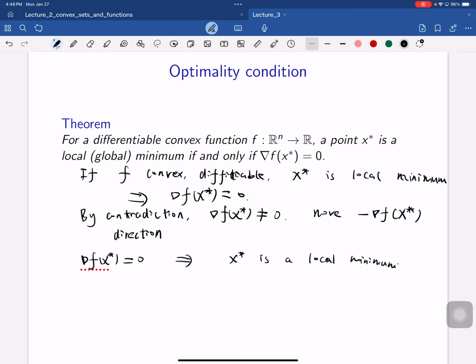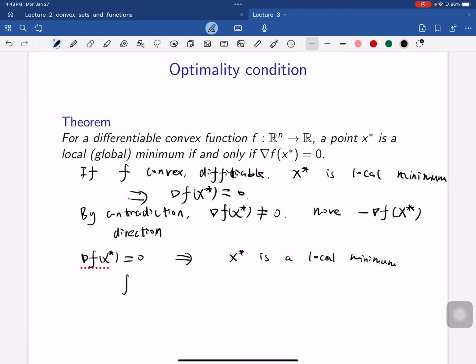So just a hint here, we will be using the first order characterization of convex function, right? So remember, the first order characterization of convex function is saying that if you take the gradient at point x star to approximate the function f of y, it will always under-approximate the function f of y, right?